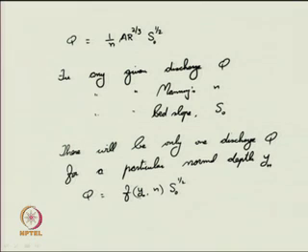Using that philosophy, you have to develop your design curves. This particular relationship, A R to the power of 2 by 3 is equal to n Q by S naught to the power of half.